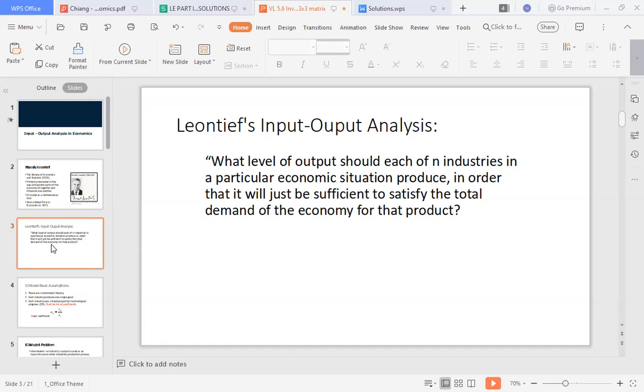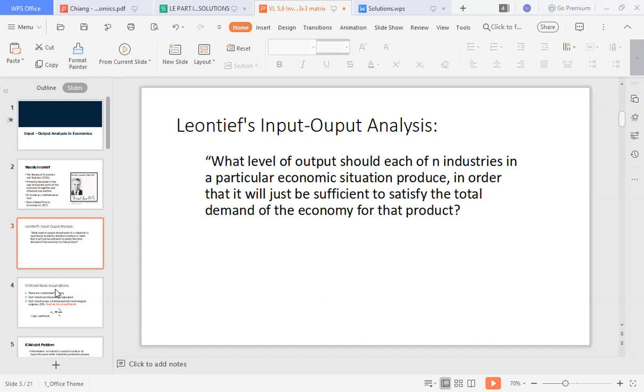So again, the insight that we'll be getting from the input-output analysis is not on optimization value or equilibrium values, but rather that specific production level which is consistent with inputs and output. Okay, so much of the discussion today is looking for that input requirement that is equal to the total output in each sector of the economy.